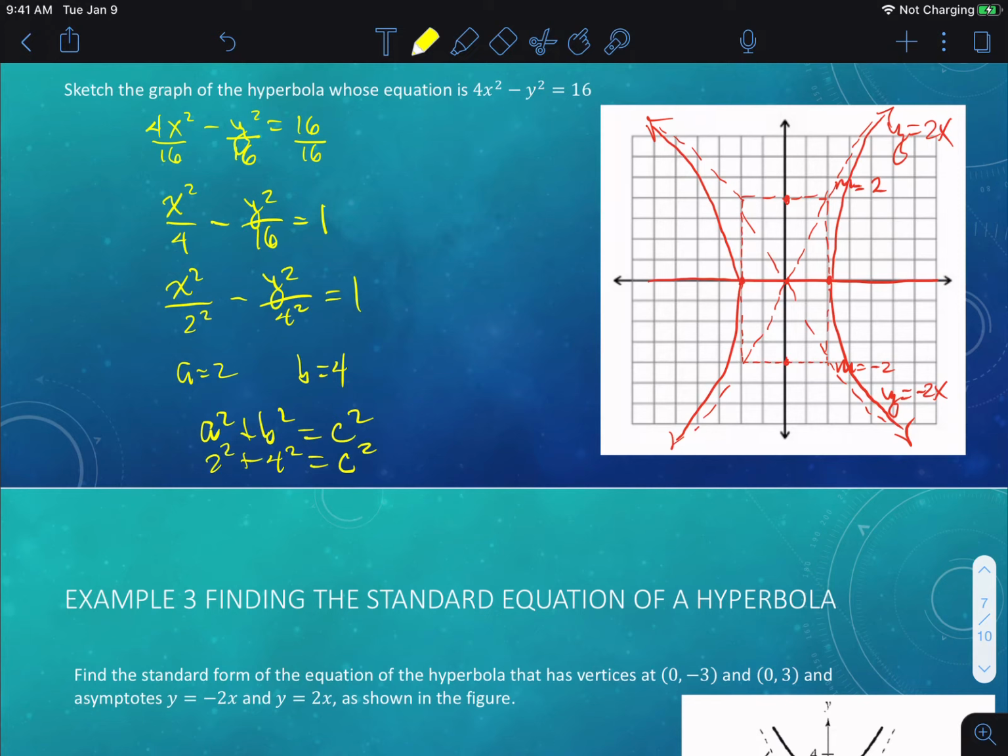So that's going to be 4 plus 16 is 20. So I get 20 is equal to c squared. Take the square root of both sides. And that's going to be 2 root 5 is equal to c. So 2 root 5. Well, root 5 is 2 and a little bit more, and times 2, so it's going to be 4 and a little bit more.